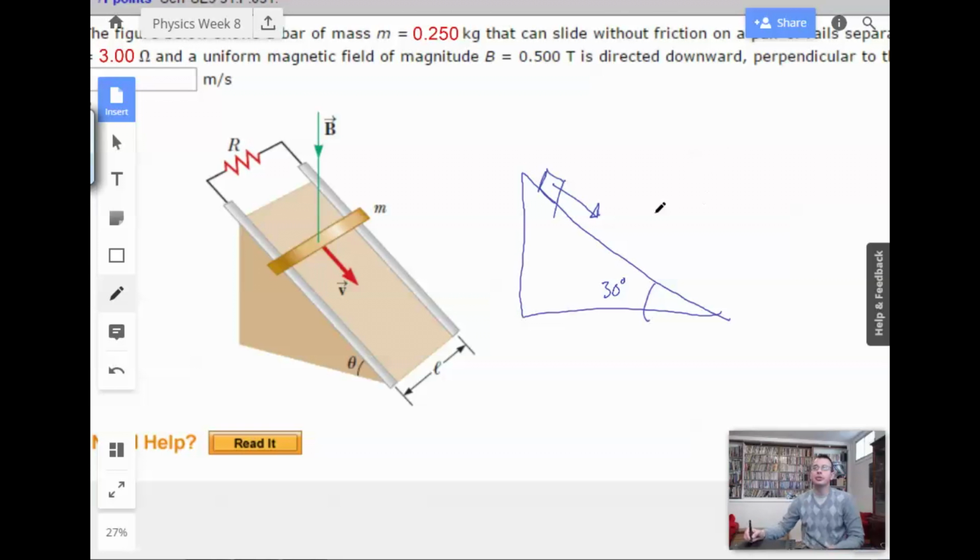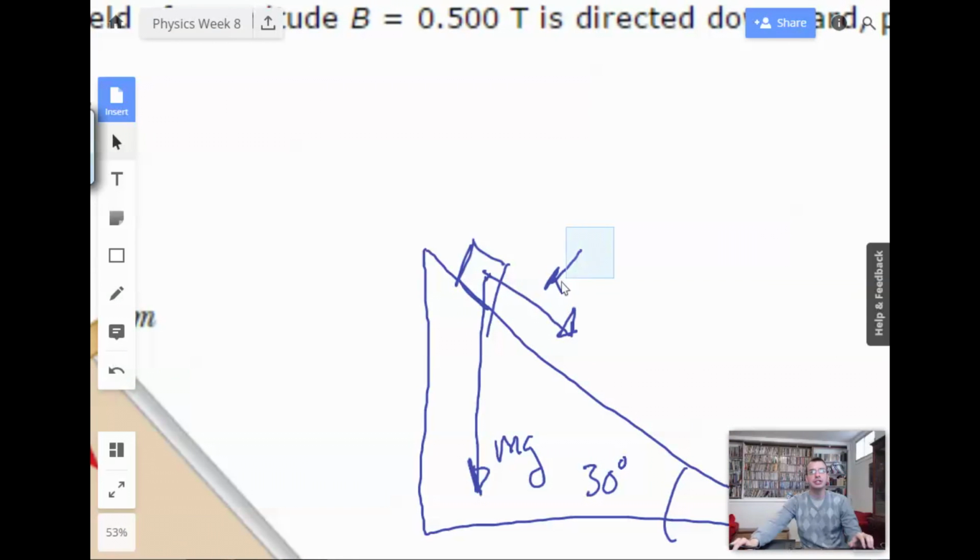So the first thing we want to do is we know that there's going to be a mass times gravity pulling this down. Mass times gravity. And we want to find out how much force is going in that direction. There was a mnemonic that I used for physics 1. Sliding, force downward, so we're going to use sine.